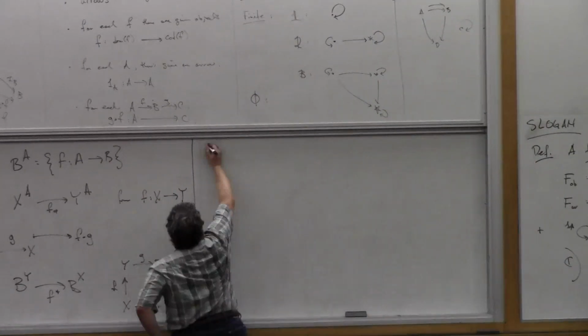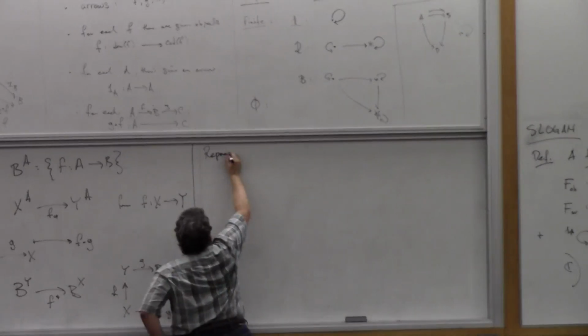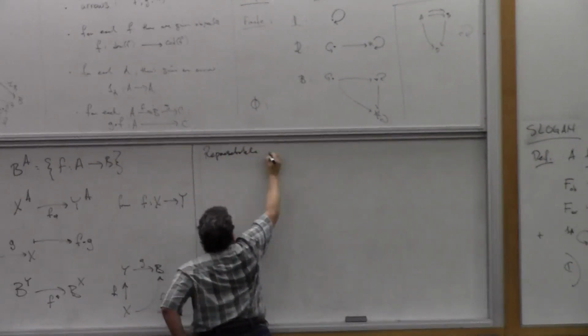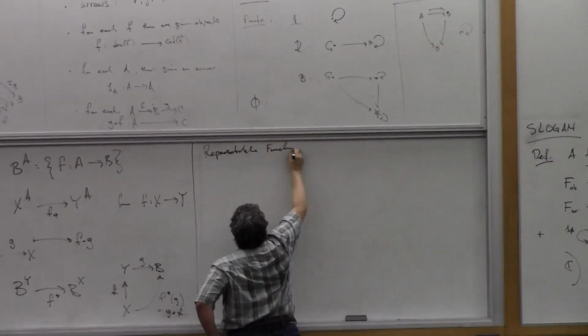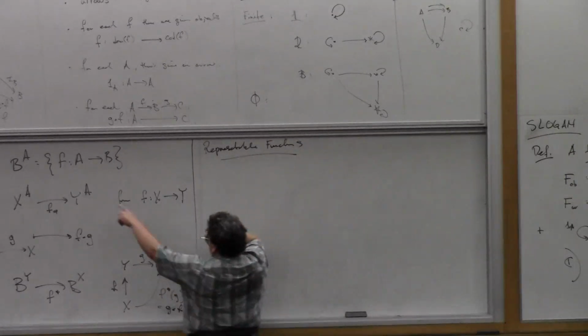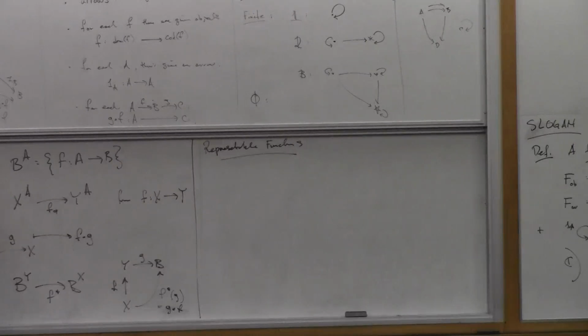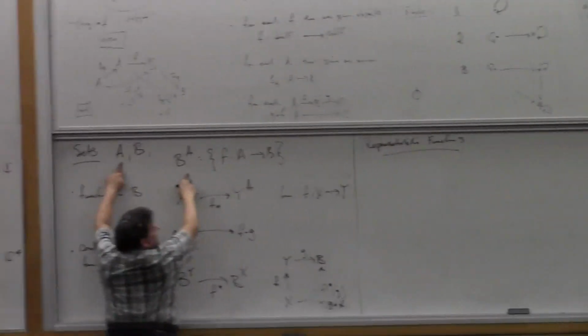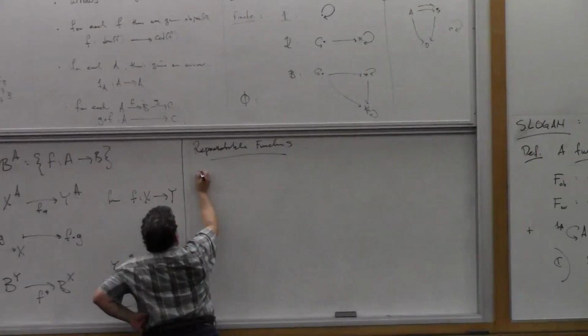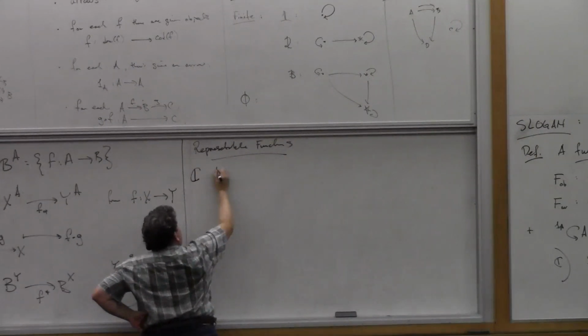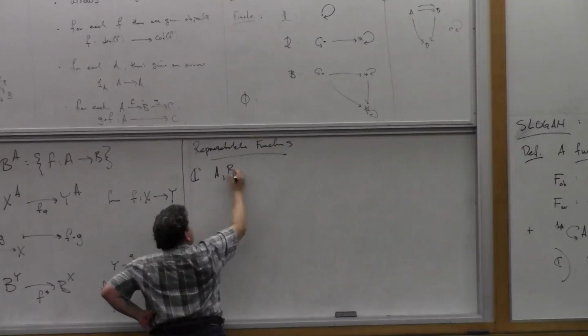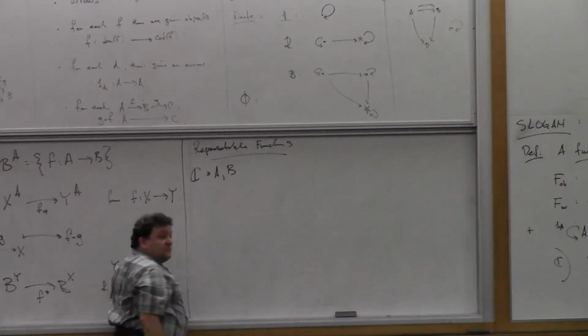Okay. Representable functors. This was a construction in sets, right? I take some sets A and B, and I return this set. So this is a special case. A more general case is I take some category C, and I take some objects A and B in C. Okay?